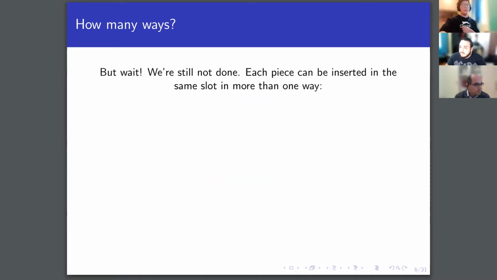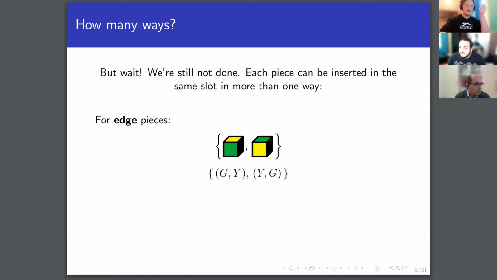But we have a small peculiarity in the pieces, sort of. Each piece can be inserted in more than one way. They can be oriented. I'm going to use the word oriented, as opposed to permutations, which are what we used earlier for slot arrangements. Each edge piece can be inserted in one of 2 ways, which are distinct, and that happens by permuting the colors, just cycling through the faces of the small cube.